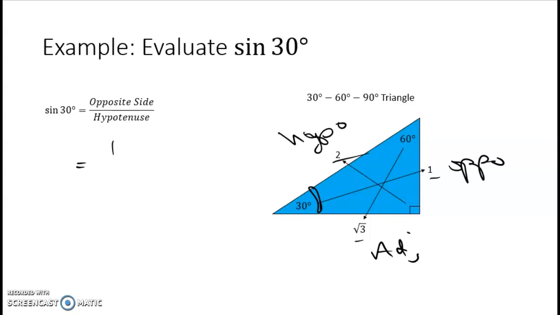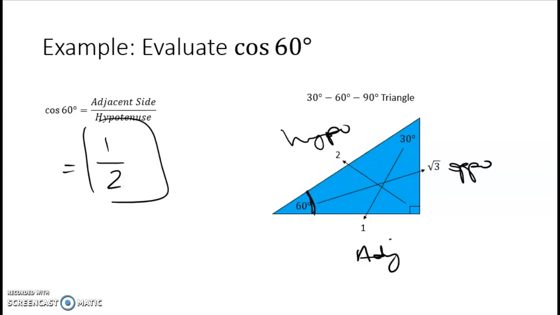So opposite is 1 and our hypotenuse is 2. So that's our answer right there. Now notice when we were looking for cosine of 60, that was also 1/2. Keep that in mind, okay? I'll show you why those two answers are exactly the same.